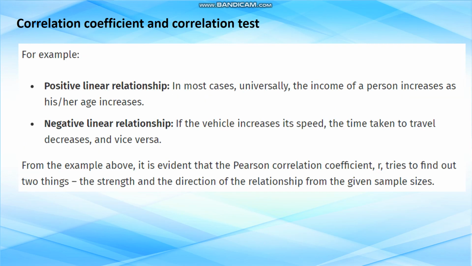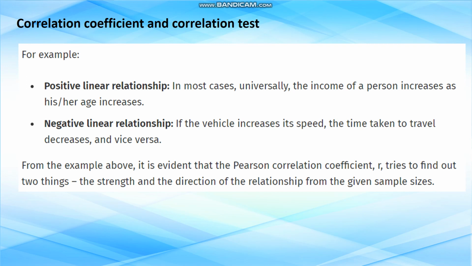So you can have two types of relationships, but actually three. To make it simple, let's say positive linear relationship or negative linear relationship.